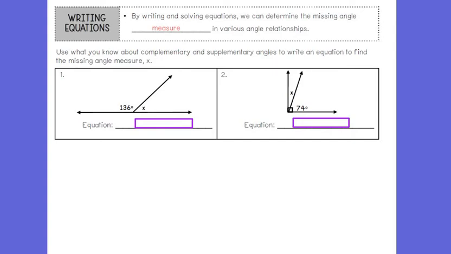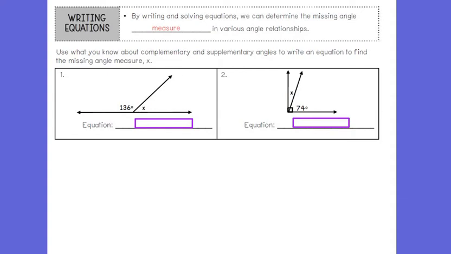Some of these are going to be common sense to some of us, that we can do in our head. But has every math problem we've ever seen been common sense? No, we've actually had to solve some things. So I know that some of these are going to look simple to you, but there's a process we're building up to. We start with the easy and get to the hard.